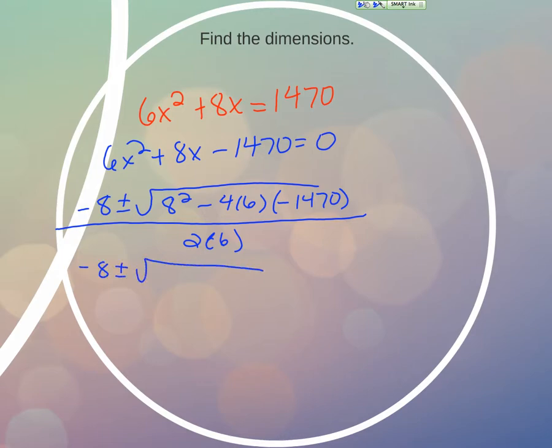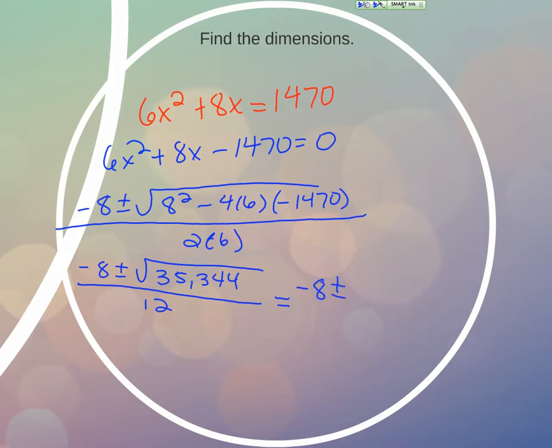I just kind of calculated my discriminant right away, so that's 35,344. And that's actually a perfect square, which is another reason why I know that it's factorable.